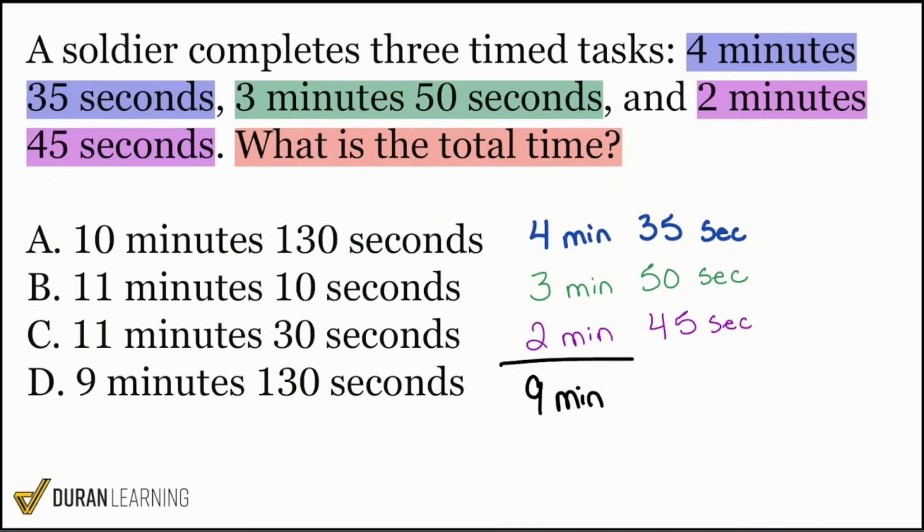Quick question, everybody. If it just so happens that we have more than 60 seconds when we add up all of these seconds here, is it true or false that this number of minutes will go up? Yeah, absolutely true.